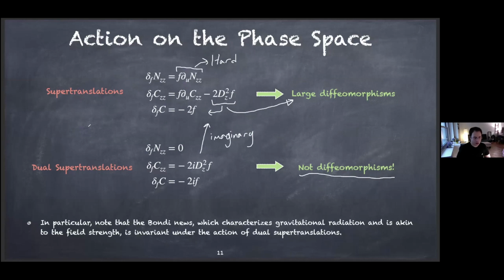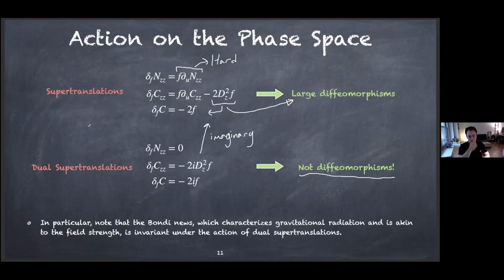And again, this is reasonable given what I already told you. Since this mode is not associated with any local stress tensor, we cannot associate it with any kind of diffeomorphism. And this is an important conclusion. In particular, I want to highlight that the Bondi news is invariant under the action of dual supertranslations.